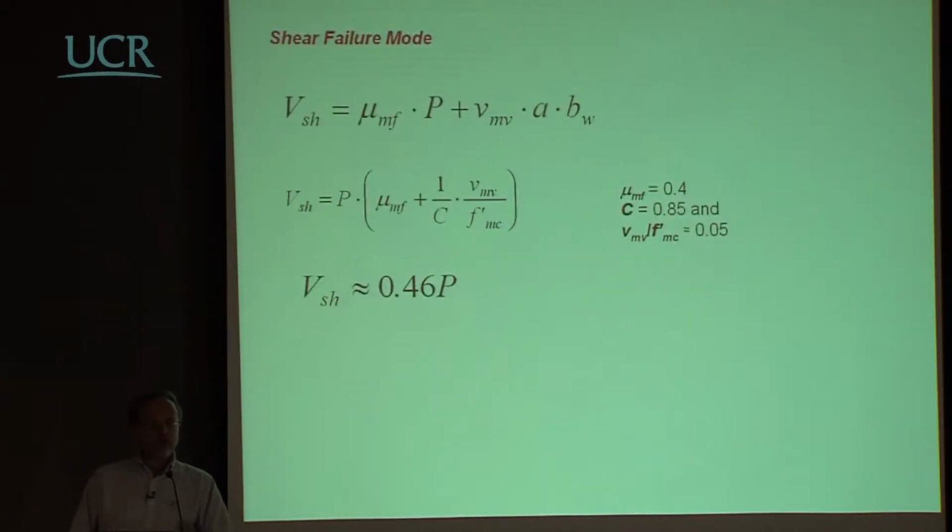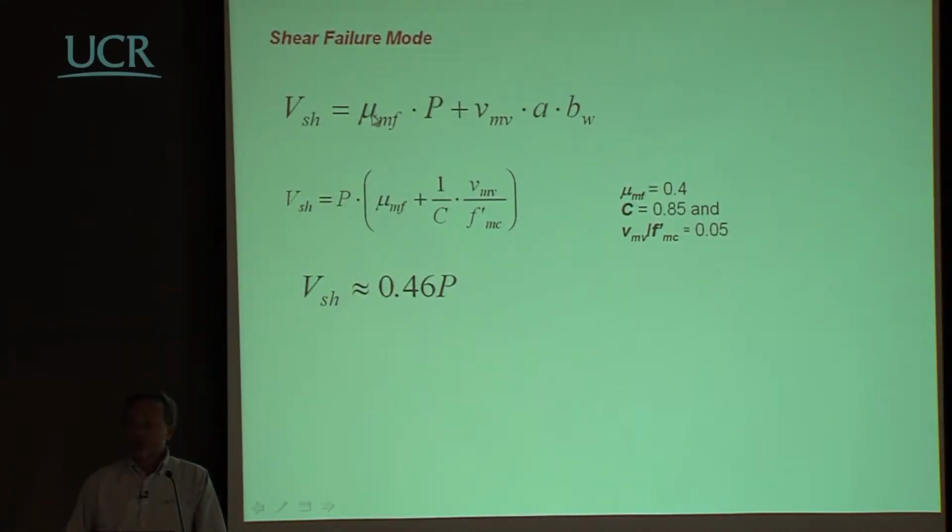Now let's have a look at the other possible failure mode, a shear failure mode, something that implies some sort of diagonal cracking that may be in the mortar beds or may even cross the bricks or blocks that you have in there. Well, a commonly used expression is a function of two terms. One term depends, again, on the vertical load multiplied by a friction coefficient.